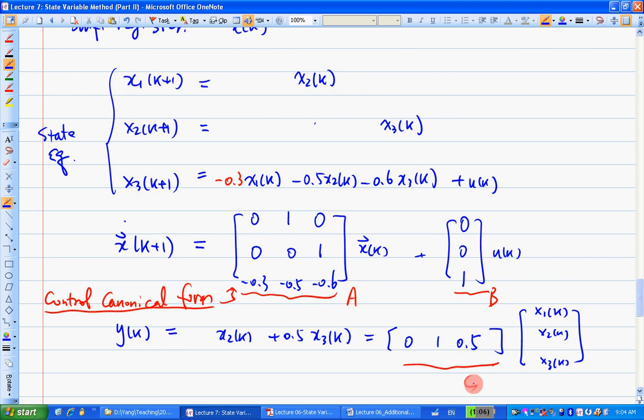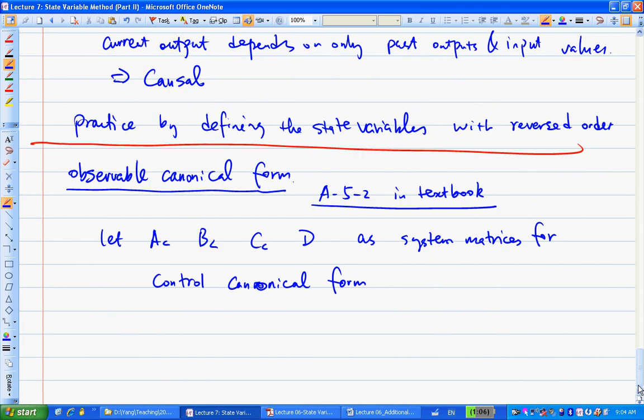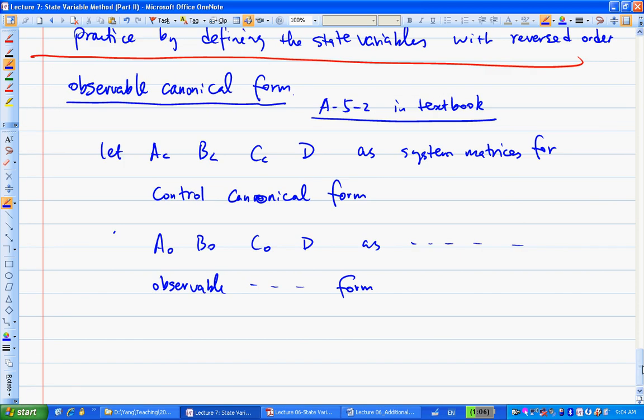Then based on the derivation, I will let AO, BO, CO, and D be the system matrices for the observable canonical form. Canonical basically means the standard form.